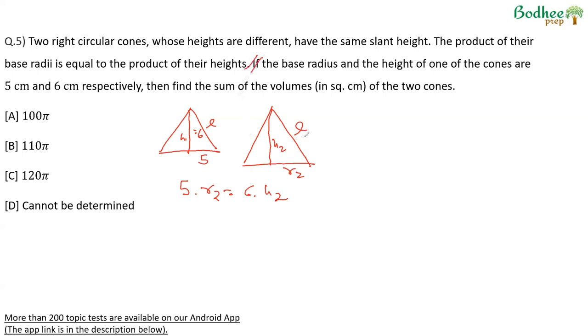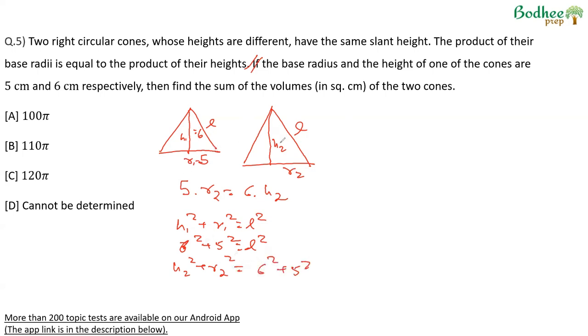Also, the slant height is the same. So I can say H1 square plus R1 square is equal to L square. So here 6 square plus 5 square is equal to L square. This should be the same for H2 as well, so h2 square plus r2 square should also be equal to 6 square plus 5 square.